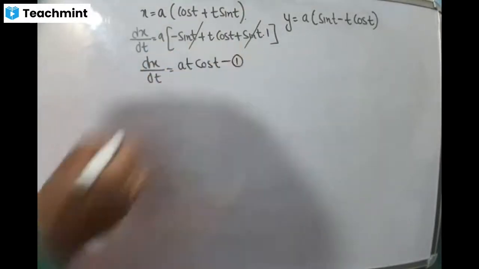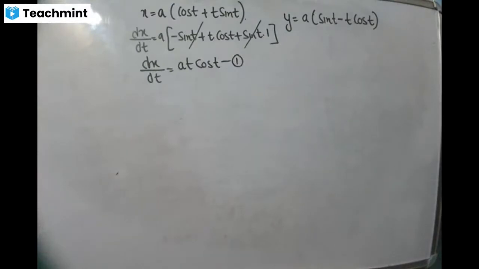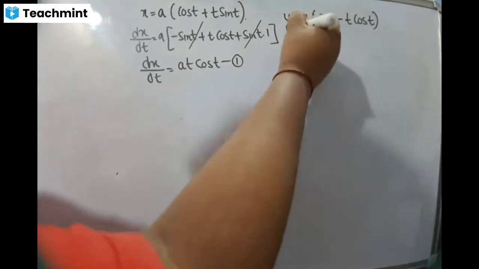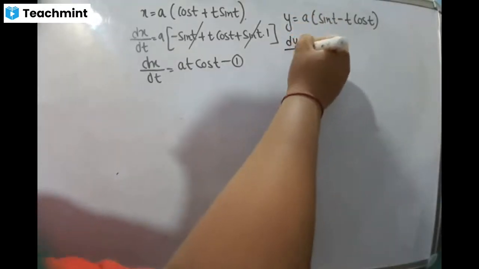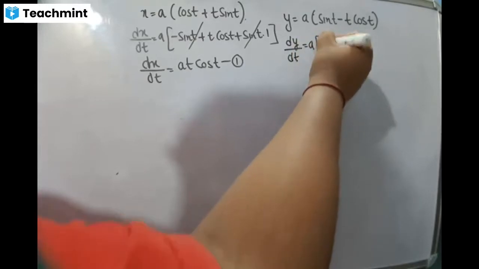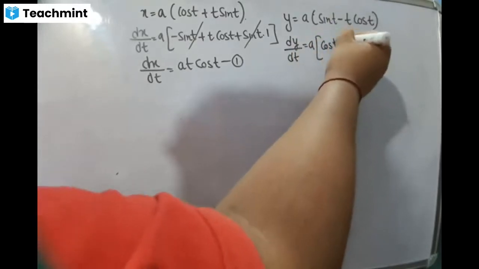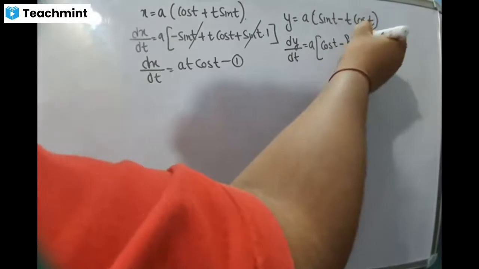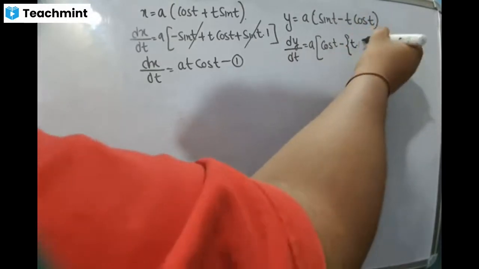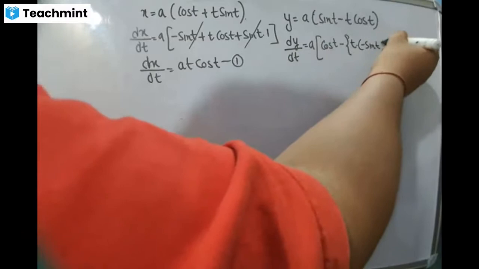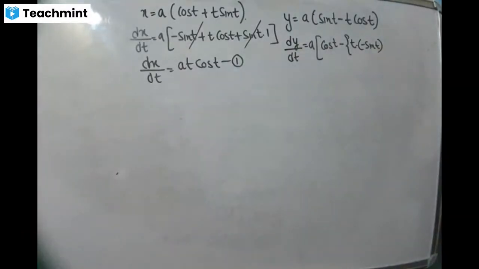Four options are given, so this is also a very important question for you. You got dx by dt as at cos t. In a similar way, please help me find the value of dy by dt. Again, differentiating with respect to the common variable t, dy by dt equals a, the derivative of sin is cos t minus, since there's a minus sign, please don't forget to put a bracket. t is constant, the derivative of cos is minus sin t, plus cos t as it is, and the derivative of t is 1.